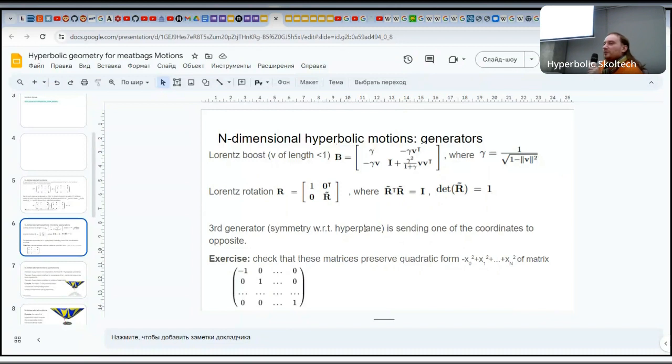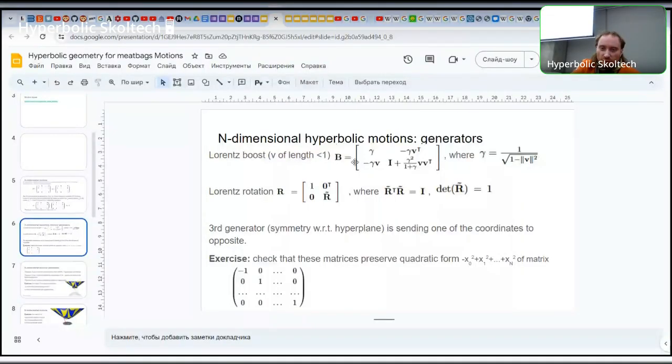Okay, so if I wanted to describe all the motions of hyperbolic space, what do I do? If you want to describe all the motions of hyperbolic space, you can do it like this.